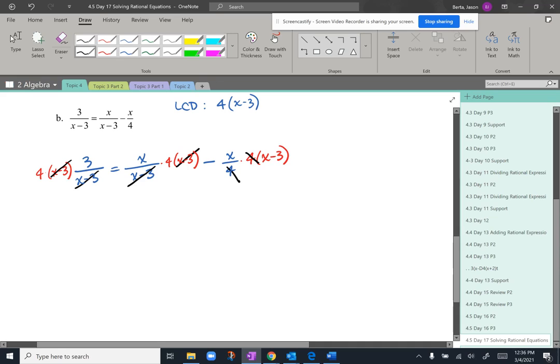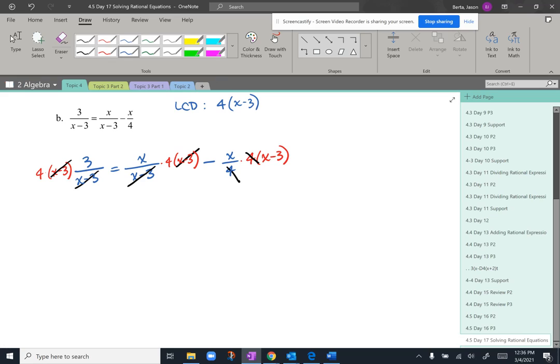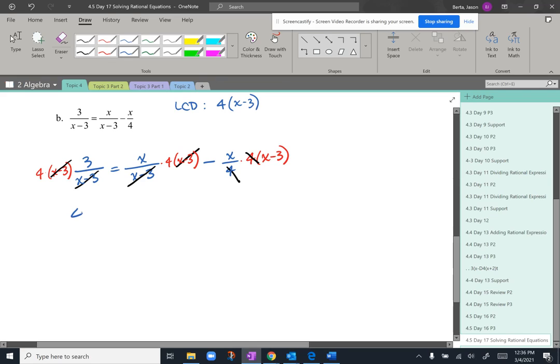A 4 over 4 is the same as 1, so I can just cancel those out. What am I left with? On the left side, it's 4 times 3. On the right side, I'm left with a 4x as the first term, minus x times x minus 3 as the third. All right, let's keep working on this to solve for x.